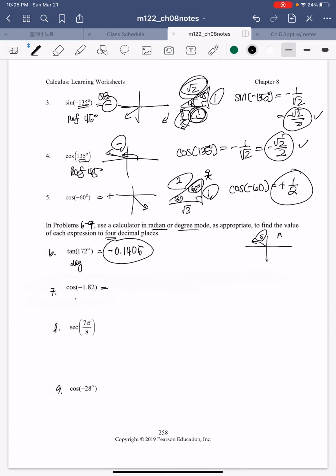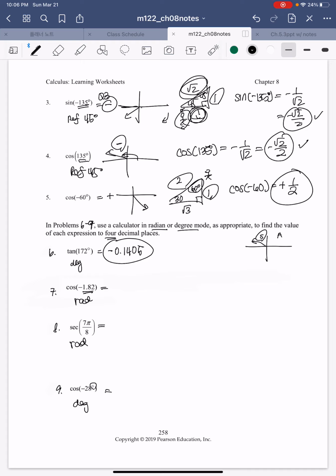The second one, you can see that this is a radian mode. Same thing, number 8 radian. And then this one is a degree mode. So I'm just going to do everything in the calculator and just copy down. So 7 is cosine of negative 1.82.